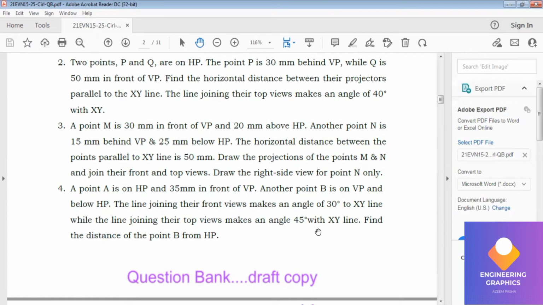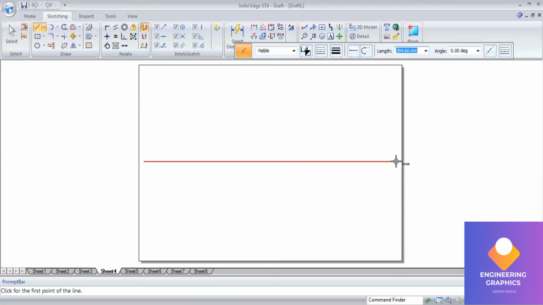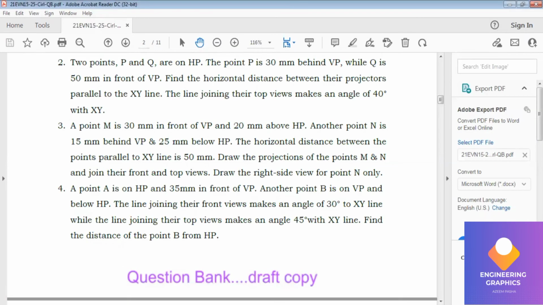Point A is on HP, which means its front view, A dash, is on the XY line, 35 mm in front of VP. 35 mm in front of VP means the point lies in the first or fourth quadrant, below the XY line. That is what HP means, lying in the HP plane. So first I am writing XY. Here you can see point A is on HP.